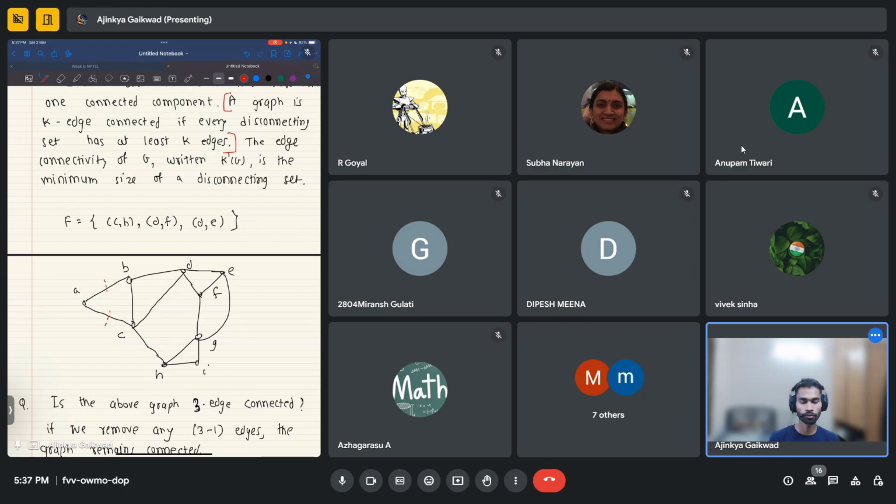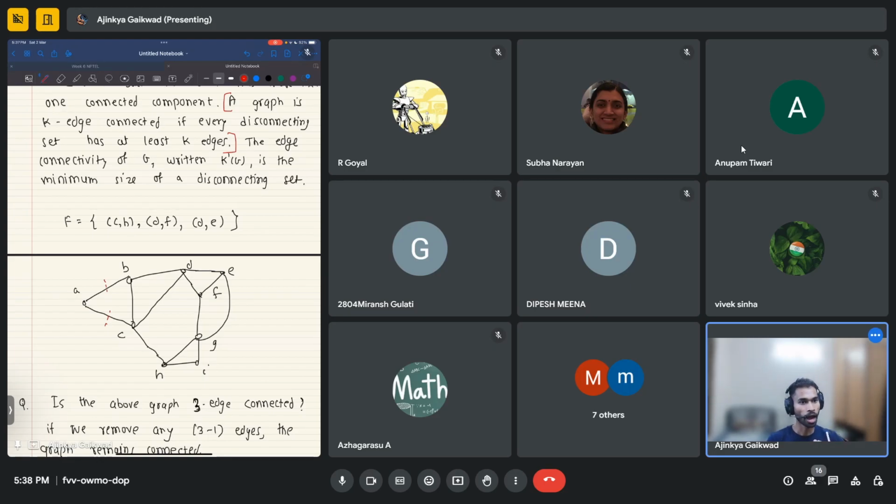If I look at a person, how do I decide if the person is thin or fat? I assign a weight to that person. If a person is 100 or more kg, I say he's fat. If it's less than 50, I'll say he's thin. If it's between 50 and 100, he's neither fat nor thin. In a similar way, I'm attaching a number to a graph G. A graph is k edge connected, and that k is a number.